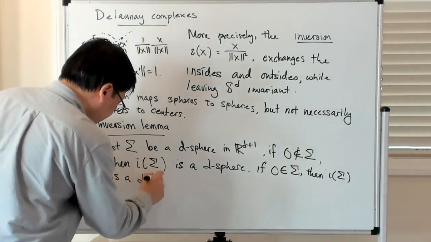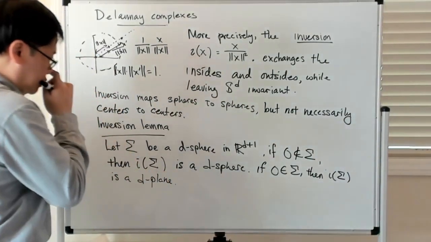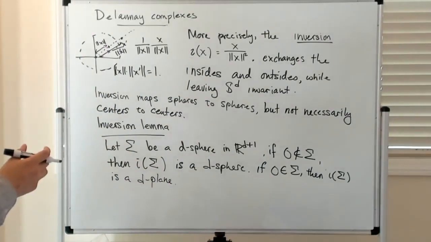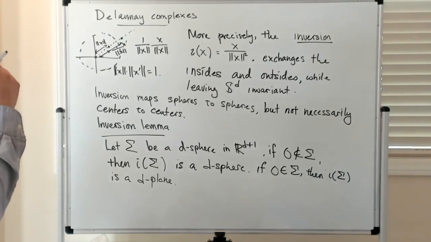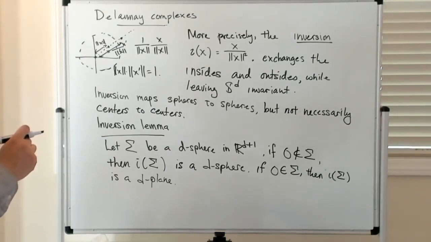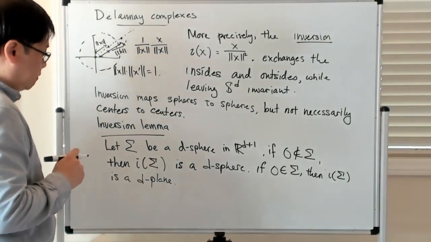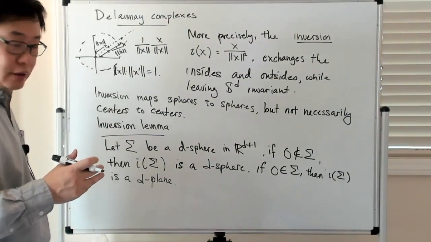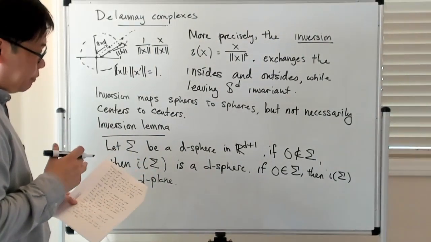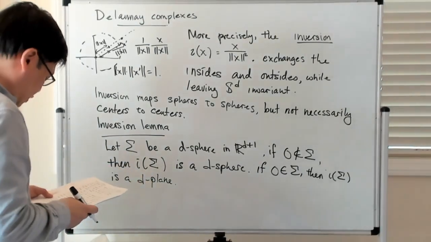So the bottom line is that if the d-sphere you're inverting goes through the origin of the sphere you're inverting with respect to, then it will be mapped to a d-dimensional plane.